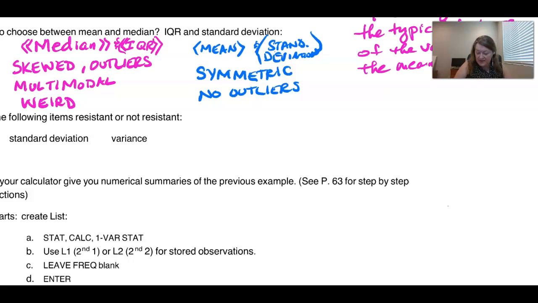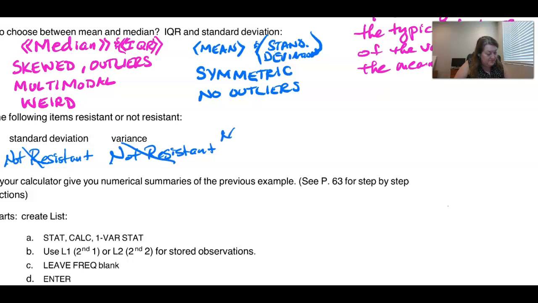Okay, so let's talk again about resistant or not resistant. Standard deviation, well, that's going to move just as much as mean does, so standard deviation is not resistant. It is not resistant. It's going to move. It's not going to stay stuck. Variance, well, variance goes with standard deviation, so it is not resistant. Okay, so we did 2 no's. Okay, what about mean?